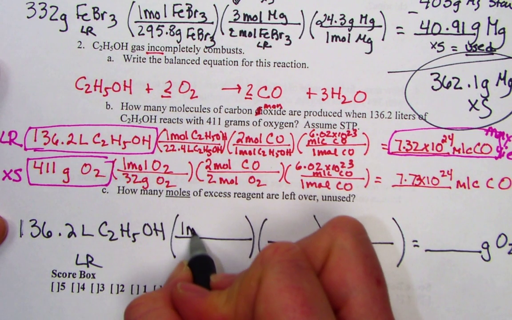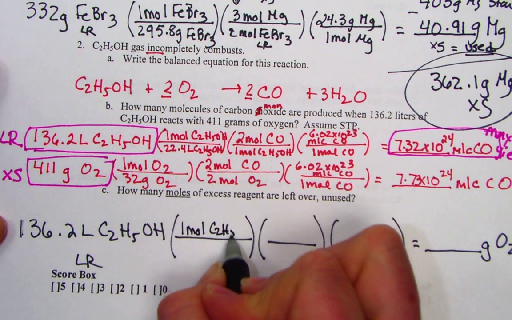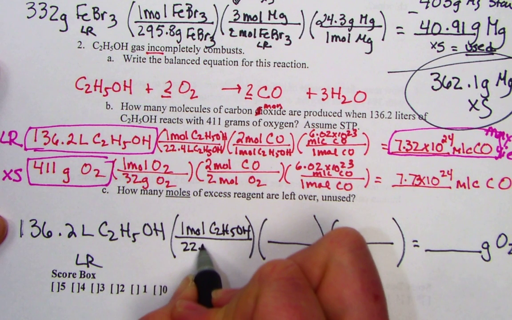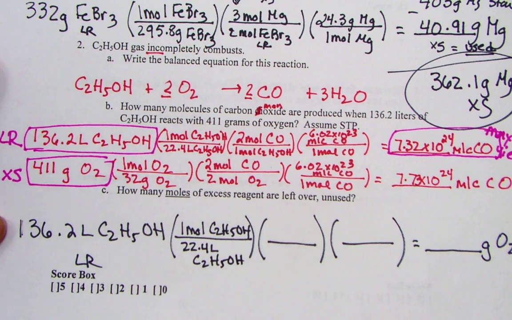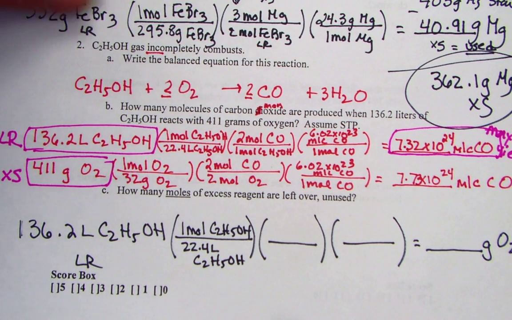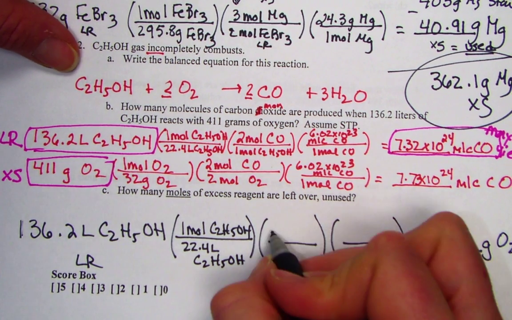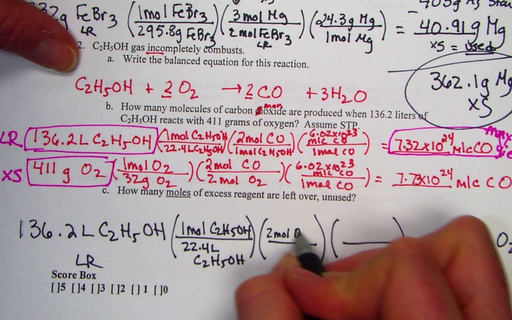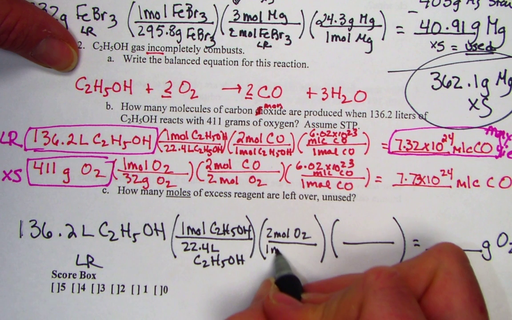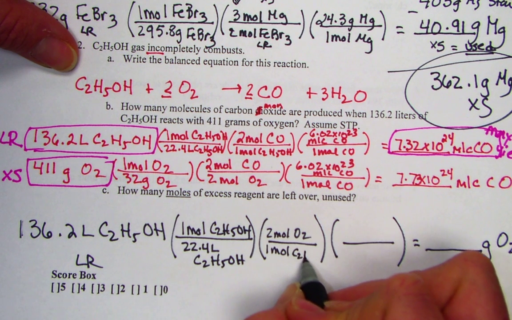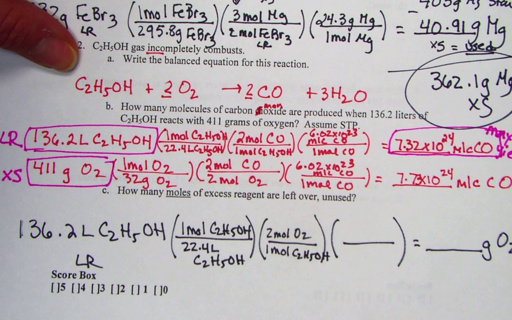In our first conversion, 1 mole of C2H5OH set over the molar volume of 22.4 liters of C2H5OH. Our want over given ratio: we want the excess reagent, which is oxygen, so its coefficient of 2 goes up on the top, from the limiting reagent, 1 mole of C2H5OH.